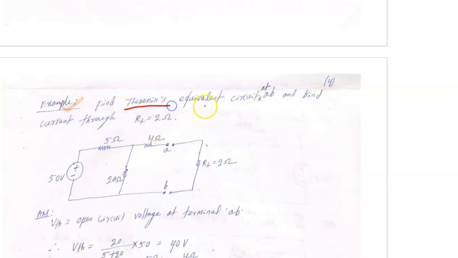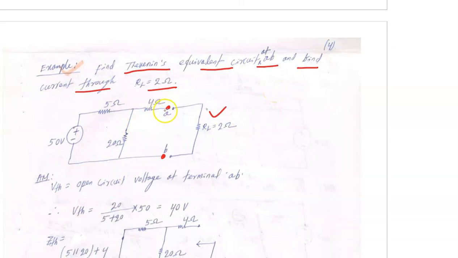Find the Thevenin's equivalent circuit at AB. This is A and this is B. And find the current through the 2 ohm resistor. So as per the Thevenin theorem, your VTH is the open circuit voltage at the terminal AB. That means here I have opened, so you have to open physically at terminals A and B, then find the open circuit voltage.